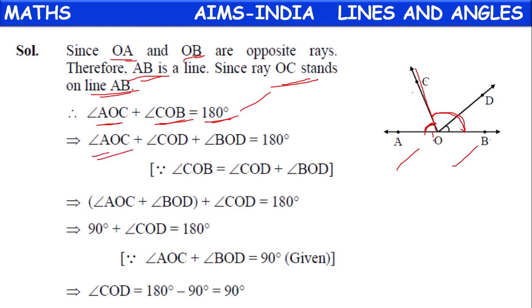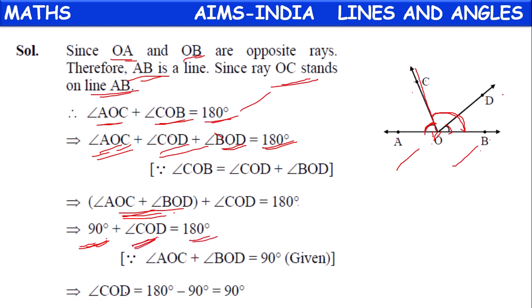AOC plus COB again can be written as AOC plus COD plus DOB, that is COD plus BOD, 180 degrees. So we can take AOC plus BOD, they have given this part equal to 90 degrees, and the remaining part COD, these two will be equal to 180 degrees.